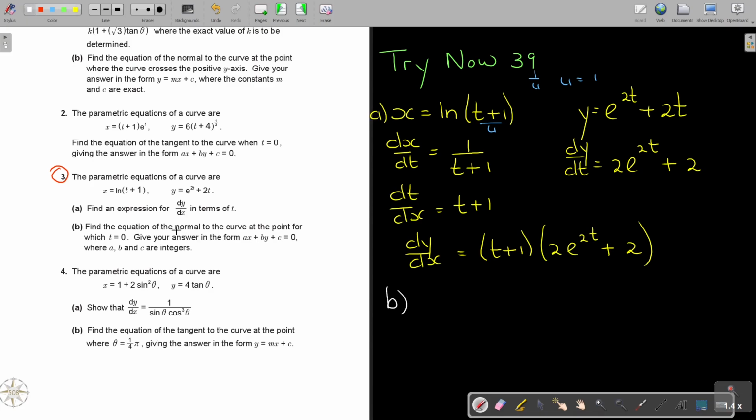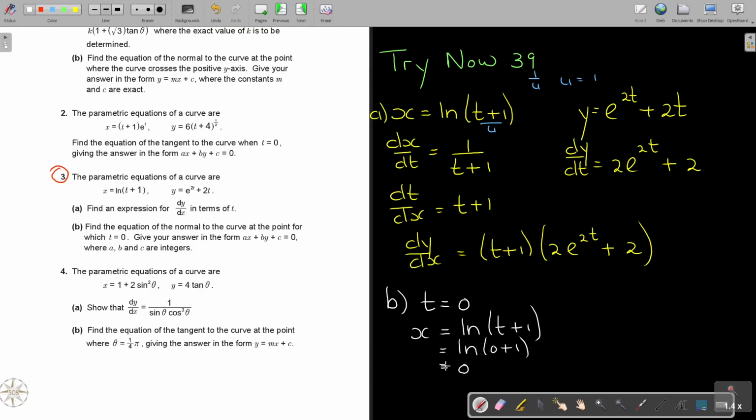Find the equation of the normal to the curve at the point where t is 0. Okay, so where t is 0, I'm first going to find that point. I have my two equations. If I take my first equation, x equals ln(t plus 1), and I put in 0, then it's ln(0 plus 1), which is actually just ln 1, so it's 0.